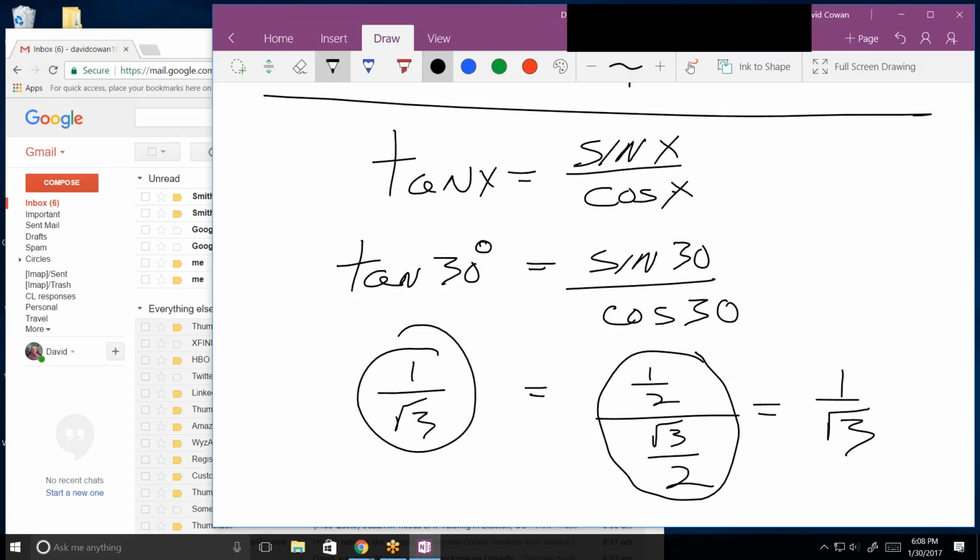That's what my teacher said too. Oh, good, because I love that. That's the best thing I've heard about trig from a trig teacher in a long time. If you were to rationalize it, it's equal to square root of 3 over 3. But if you put these things into a calculator, you'll get exactly the same number all the way down to the 9th decimal place. So they're the same number.